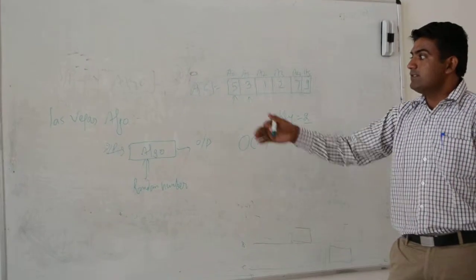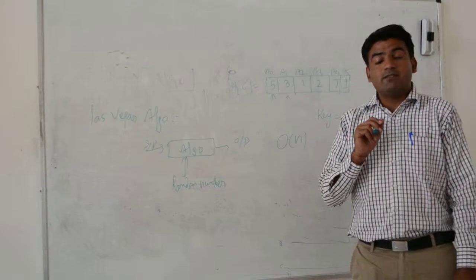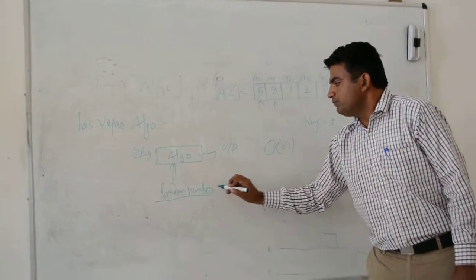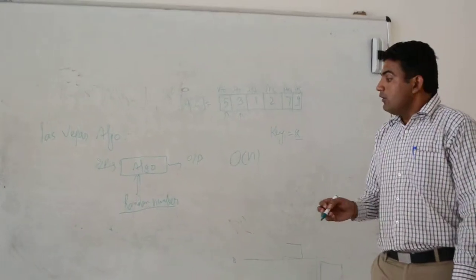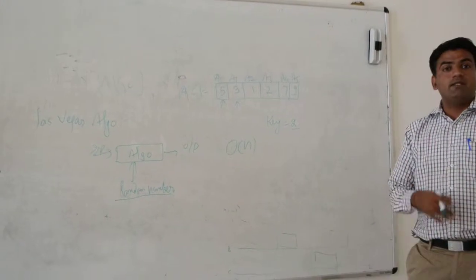Now what happens with the randomized algorithm? We have added a random number, a random bit, and this random number will be added by using a random generator function.